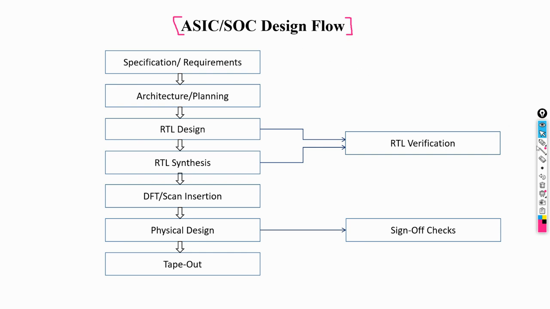When you say specification, it is basically your power, your performance, which is nothing but frequency, how much power it requires, and then area. Then, what are all the IPs that you really need?